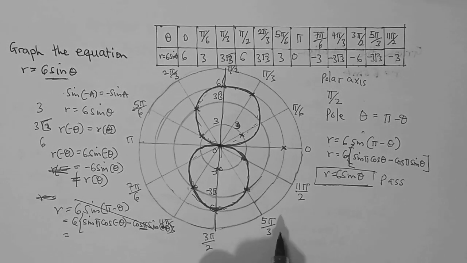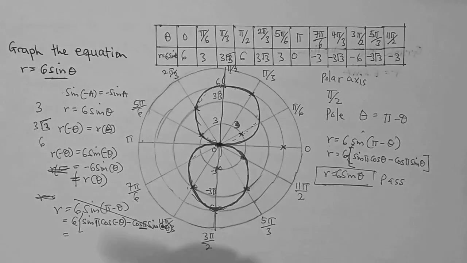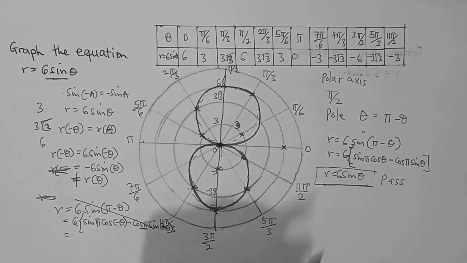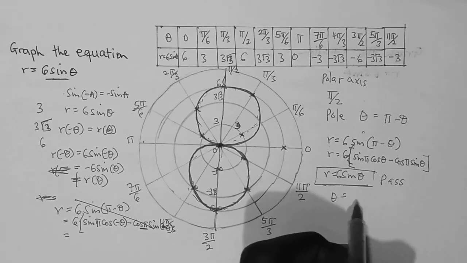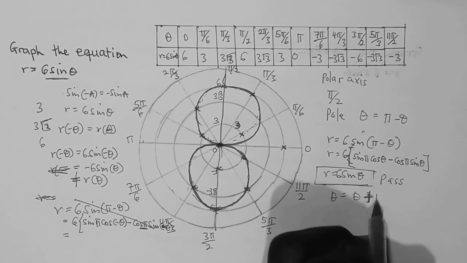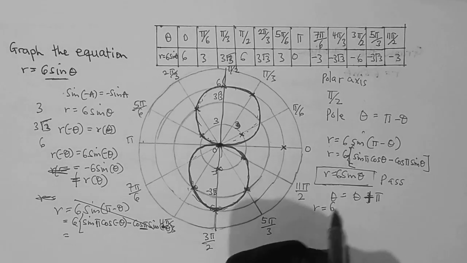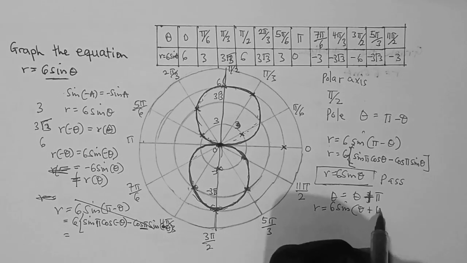Now let's test for the last one, which is the pole, and that is this point. To test whether the graph is symmetrical about the pole, we need to replace theta with theta plus pi. So r is equal to 6 sine of (theta plus pi).